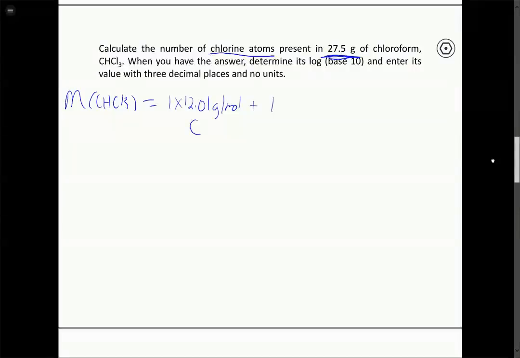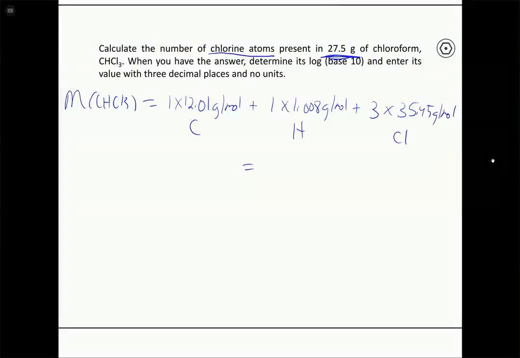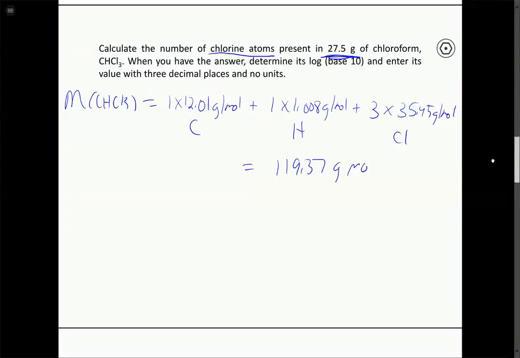We have one hydrogen which has a mass of 1.008 grams per mole. And then we have 3 chlorines, each with atomic mass of 35.45 grams per mole. So when we sum those up, we get a molar mass of, sorry I didn't work this out ahead of time, 119.37 grams per mole. Alright, so that's the molar mass of chloroform.